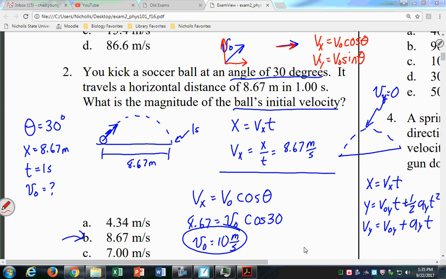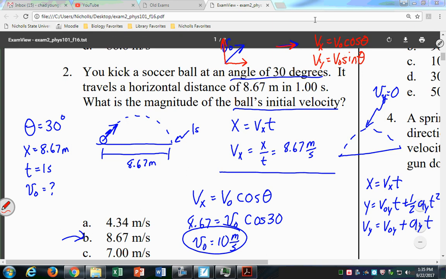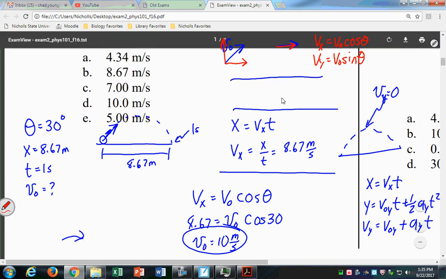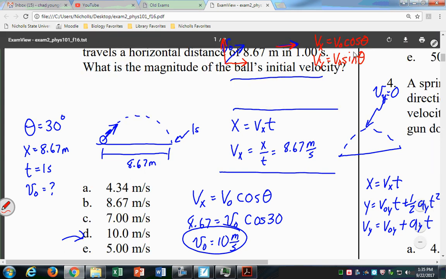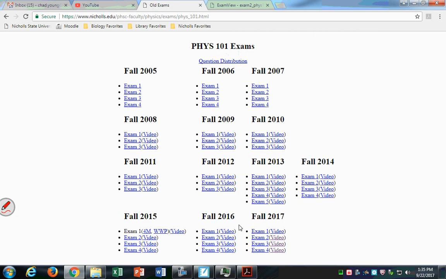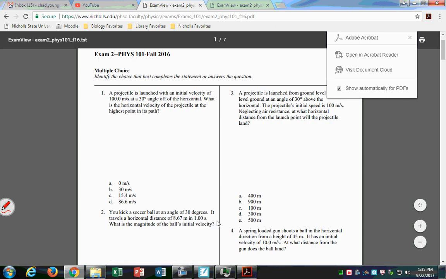Akira? This was fall 16, right? I think I might have had one here.